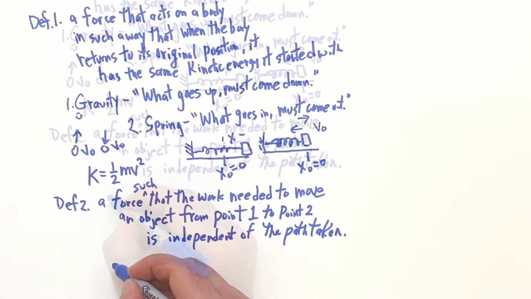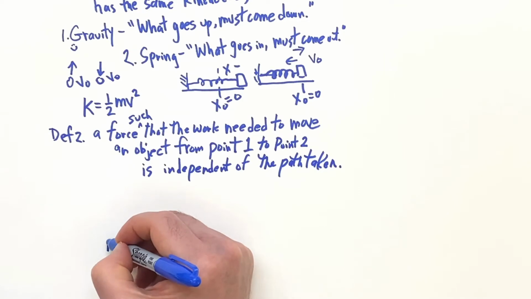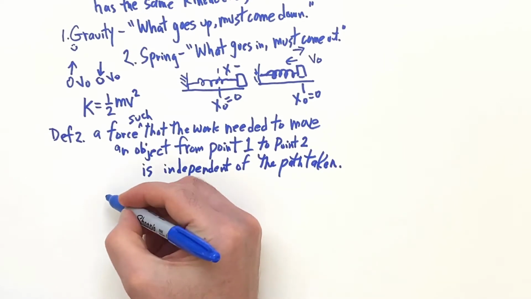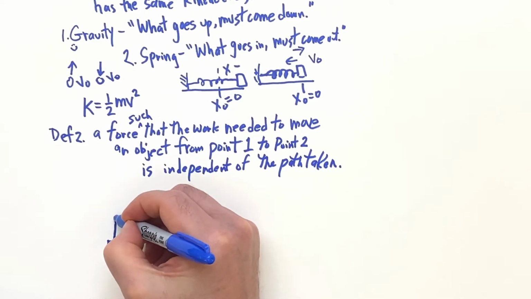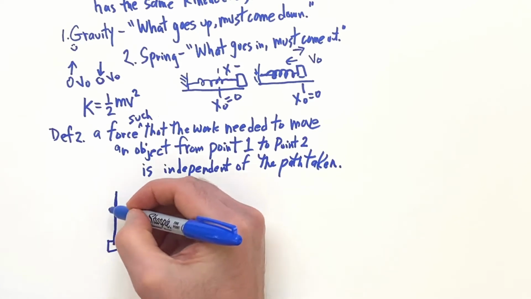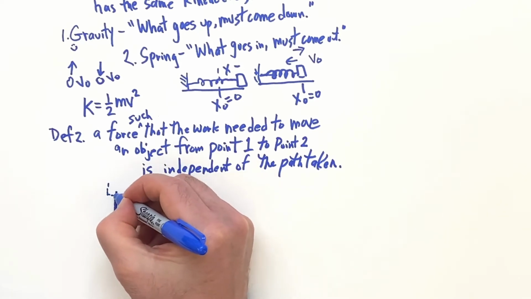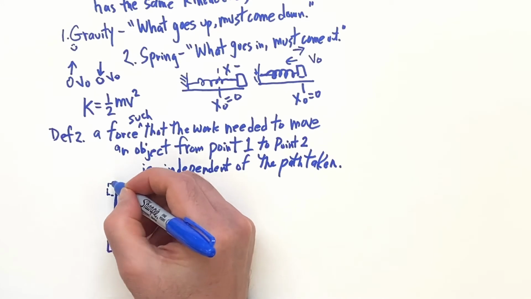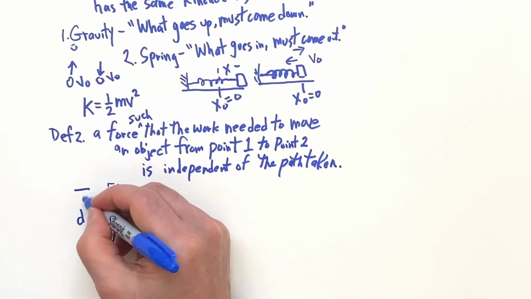So what we do here is we have a mass M that we're going to pick up a certain distance. So we're going to want to go a distance d.